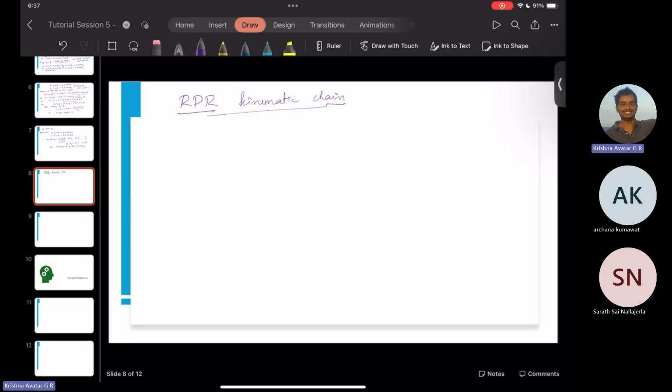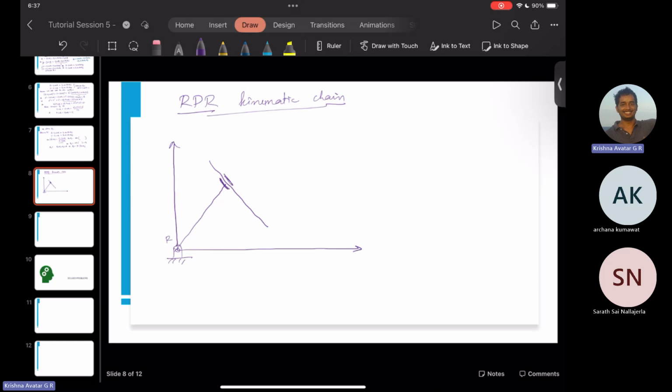So in this case, let me draw the schematic for this problem here. Let's first have the coordinate system set. Fix the origin of this coordinate system to the first revolute joint. Have one kinematic link here, and we allow one prismatic joint here, and then we go something like this.